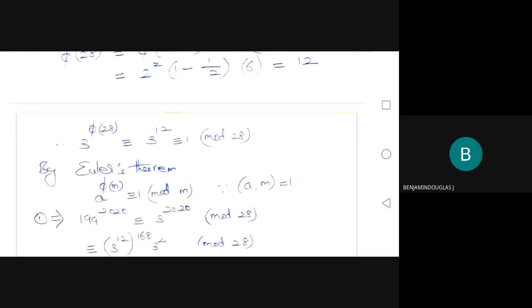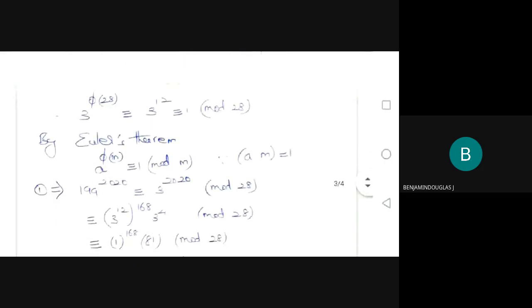So 3 power 12 whole power 168 into 3 power 4. Actually 3 power 12 is congruent to 1 by Euler's theorem. So 1 power 168 into 3 power 4, that is 1 into 3 power 4.